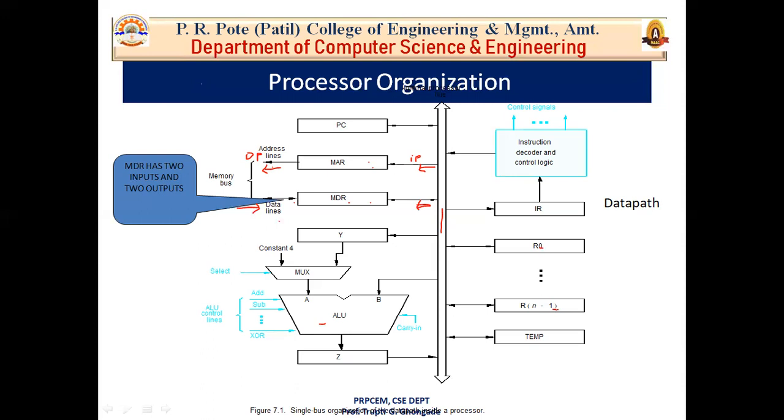Okay, and along with these general purpose registers, there are three more registers in this internal organization, that is Y register, Z register, and this one temporary register. Okay, so these three registers are new to us. These registers are transparent to the programmer, that is the programmer need not be concerned with them because they are never referenced explicitly by an instruction.